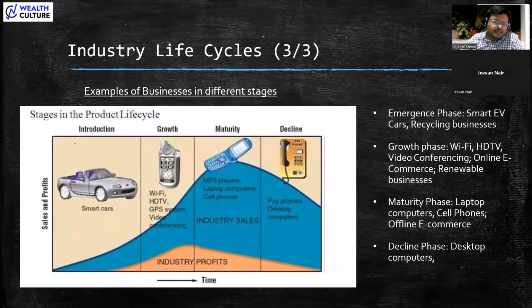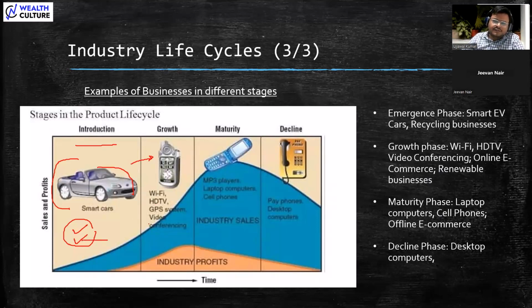So, for example, at this point of time, in the introduction or the emergence phase, we're starting to see more smart cars come up, which is self-driving cars, electric vehicles, that sort of technology, starting to show up more and more on the roads. At least in the US, one could say that this has already gone into the growth phase, whereas in India, I would say it is still in the introduction phase.